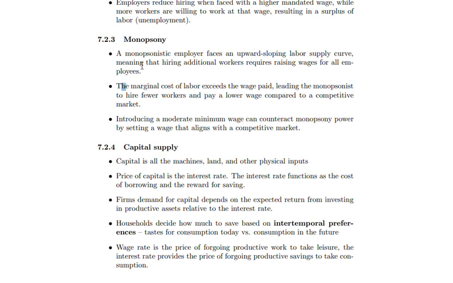So the marginal cost of labor exceeds the wage paid, leading the monopsonist to hire fewer workers, because they don't want to pay a higher wage, and to pay a lower wage compared to a competitive market.